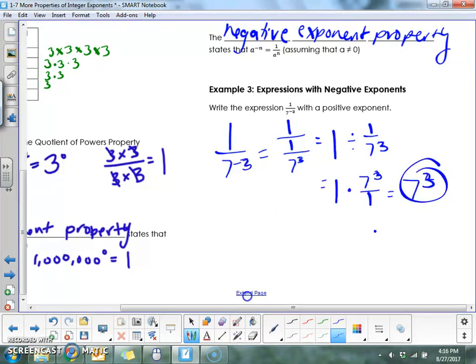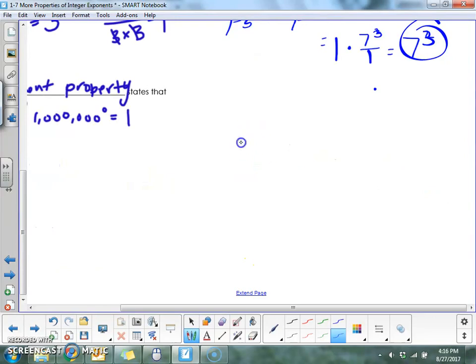Just to give you another example off to the side, I'll give you two negative ones. If I have 2 to the negative 3 power, and I have 1 over 2 to the negative 3 power, this one is going to equal 1 over 2 cubed, and this one is just going to equal 2 cubed.